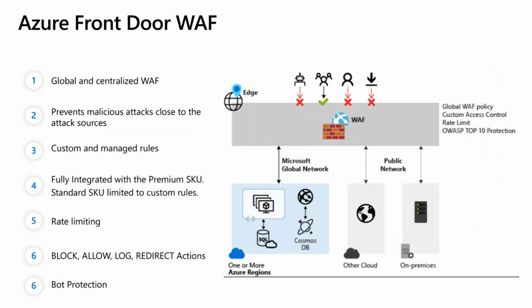You have managed rules, right? So you can have rules that are, like we saw with IDPS, already there. They're managed by Azure. So at the edge, they are called DRS, default rule sets. They are the OWASP top 10 rules, and on top of it, the intelligence from Microsoft threat intelligence is also pulled in.